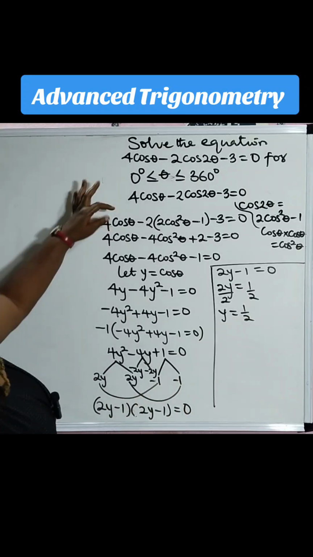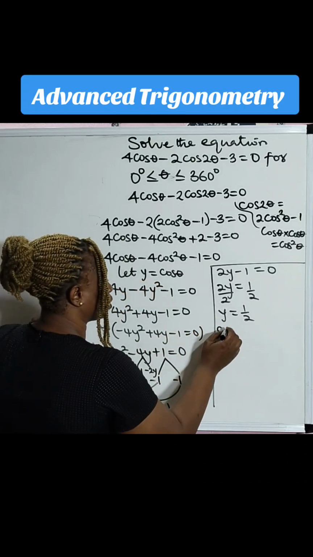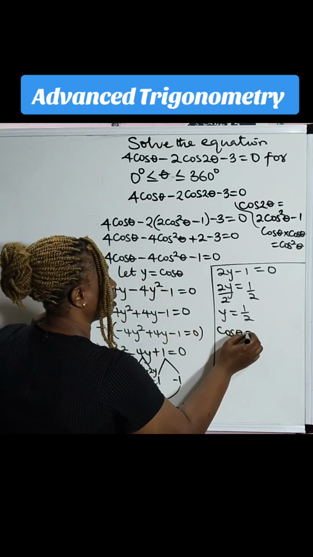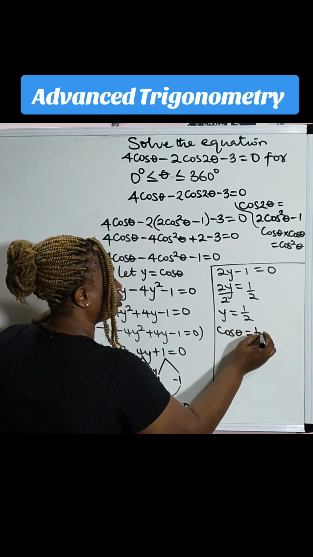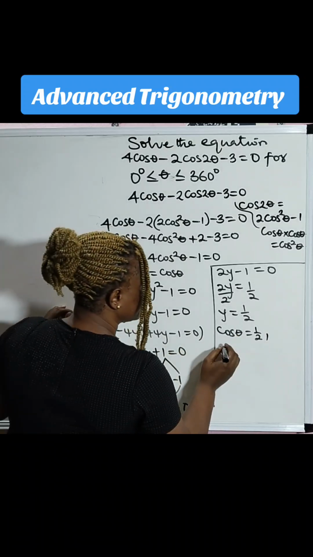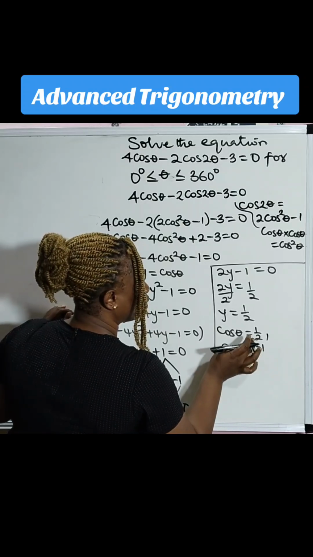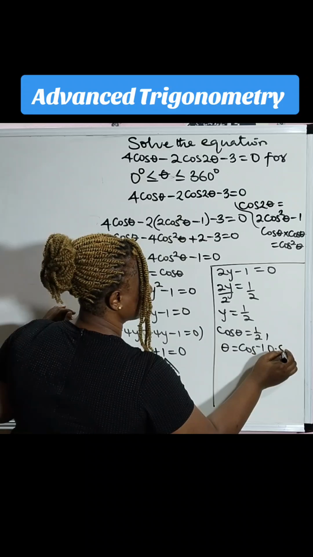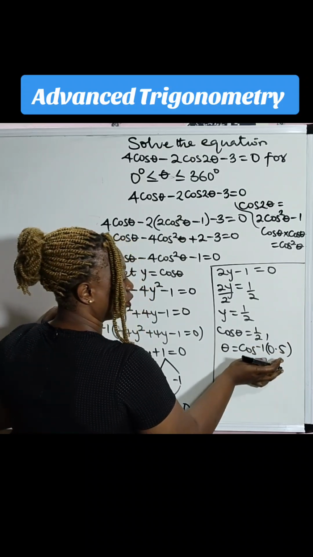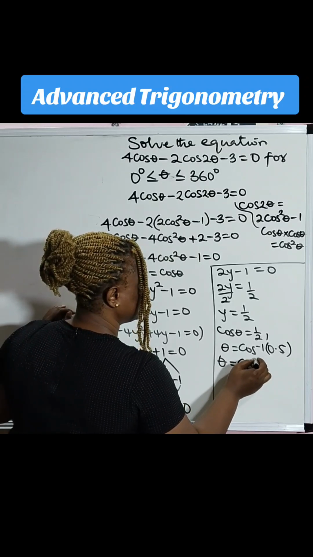Remember, our y is cos theta, okay? So we have that cos theta is equal to 1 over 2. Now, theta will be equal to cos inverse of 1 over 2, which is 0.5. Okay, so theta will be equal to 60 degrees.